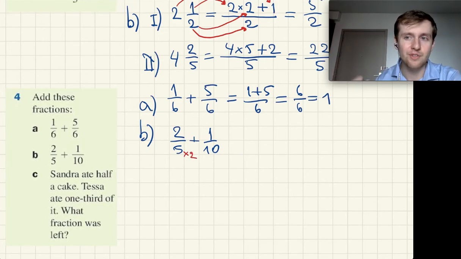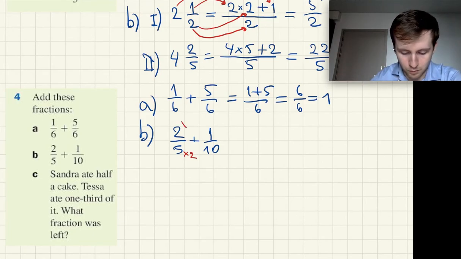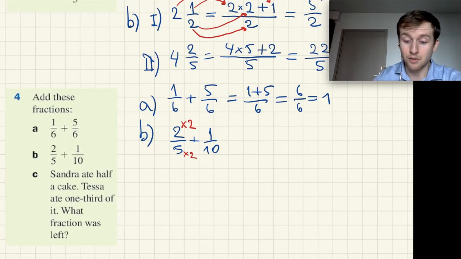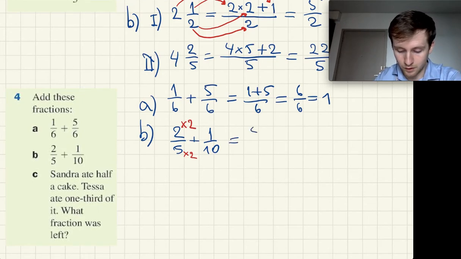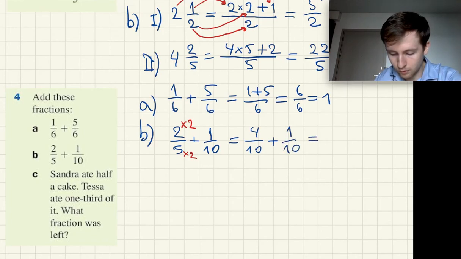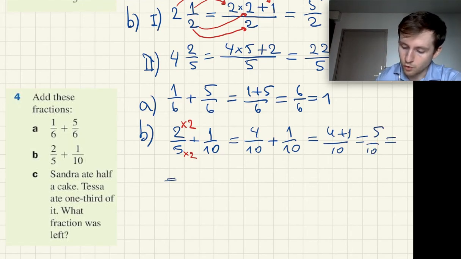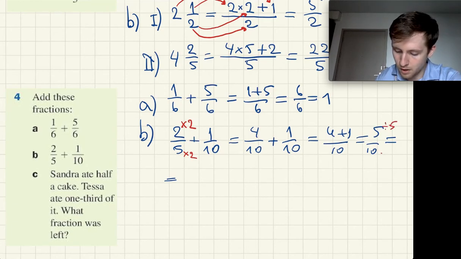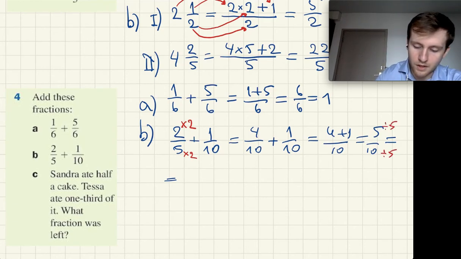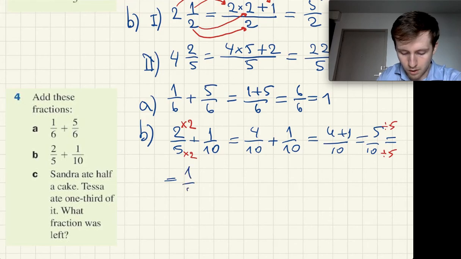But then we have to be fair to both parts of the fraction, and we have to multiply both parts by 2. So what we get is 4 over 10 plus 1 over 10, which is equal to 4 plus 1 over 10, which is equal to 5 over 10, which can be simplified. So we can divide both parts by 5, and the final answer should be 1 over 2.